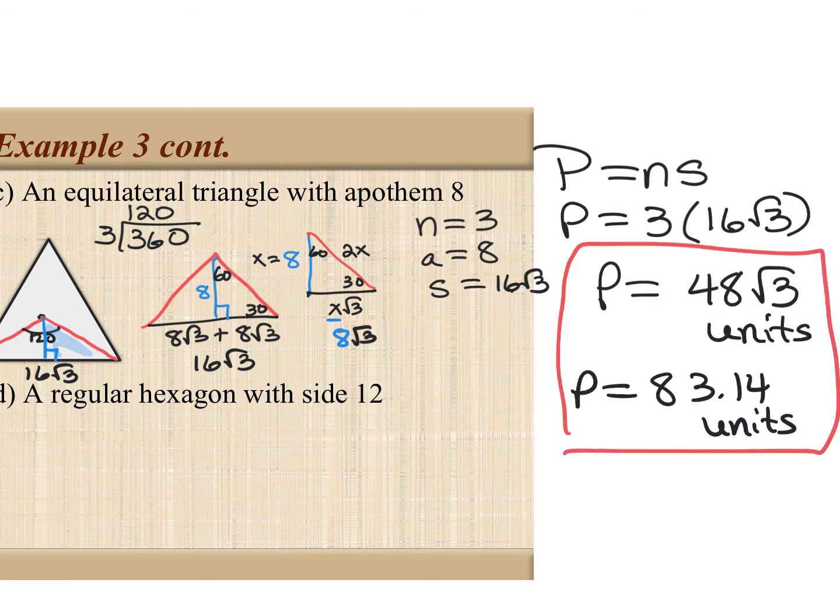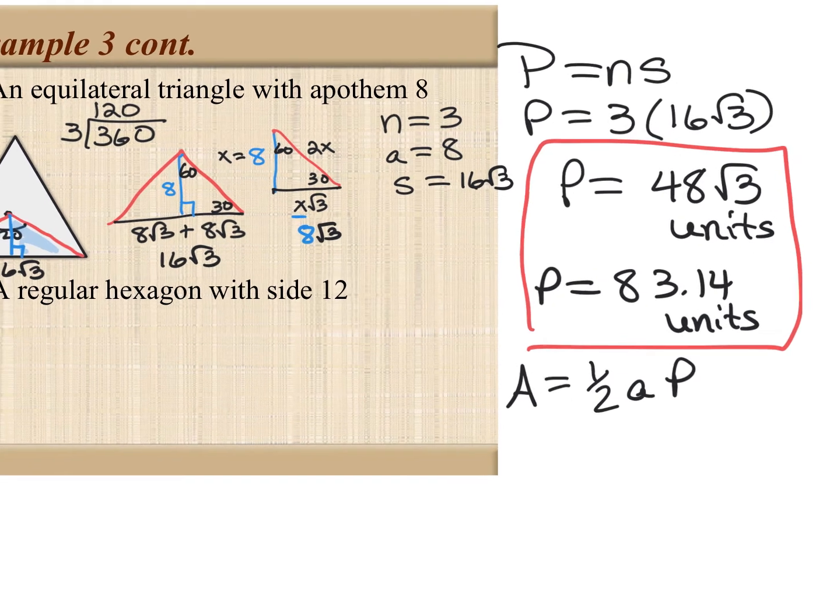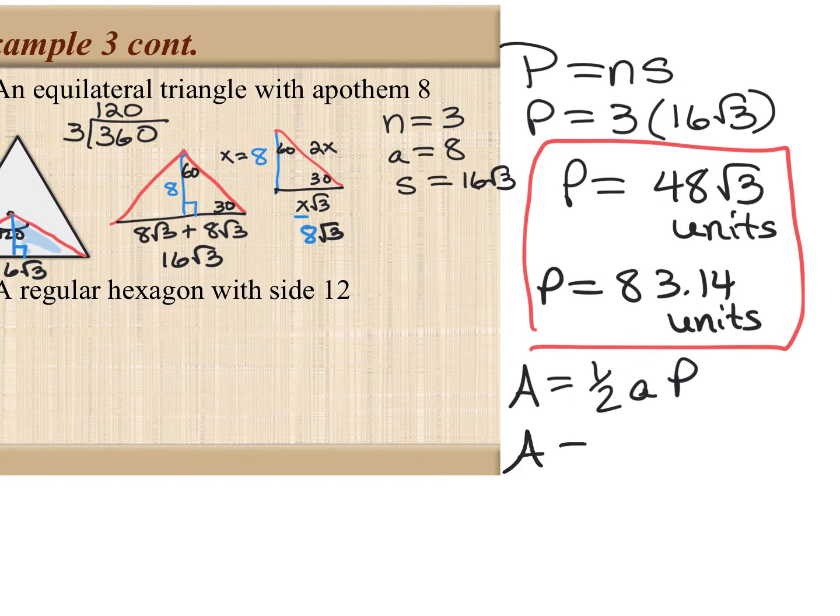Now I'm going to calculate the area. The formula for area, 1/2 apothem times perimeter. The apothem is 8. It was given to me. The perimeter I just calculated. I'm going to use the radical form. I don't want to use the rounded form yet.